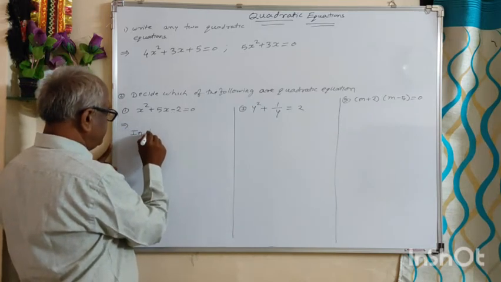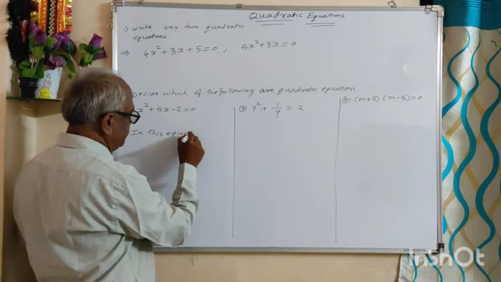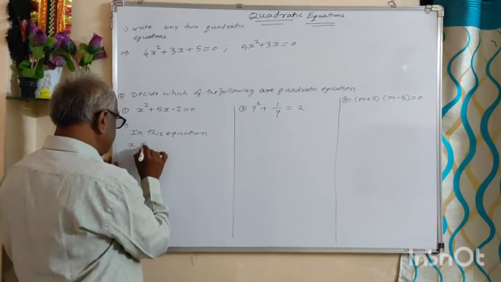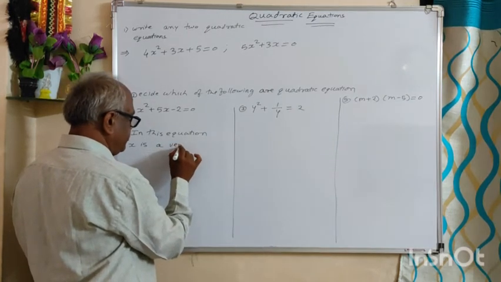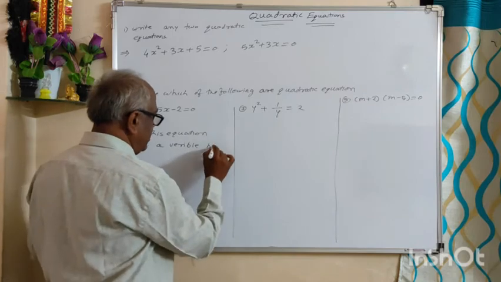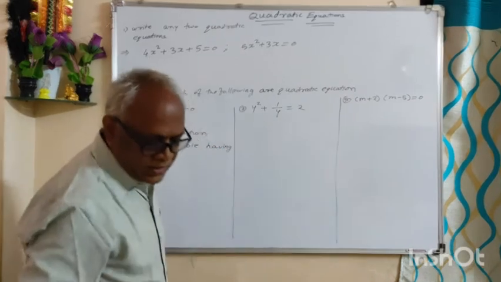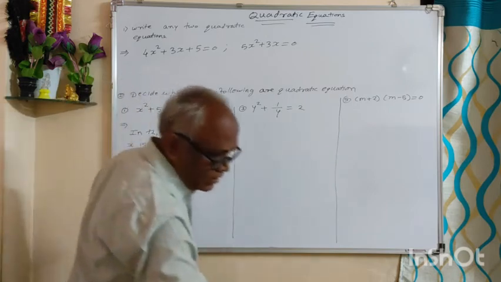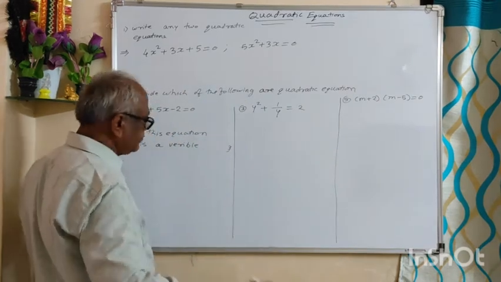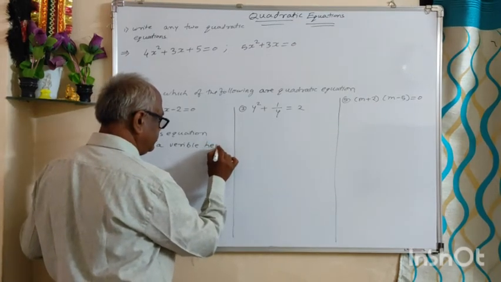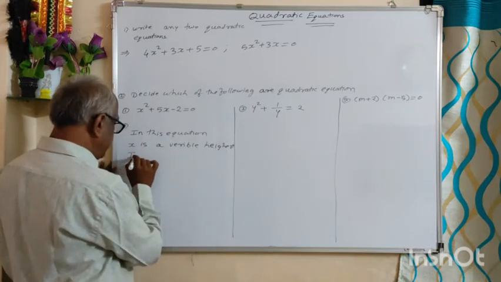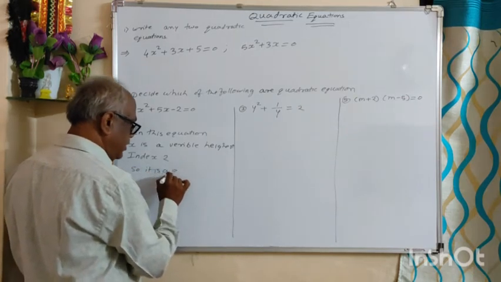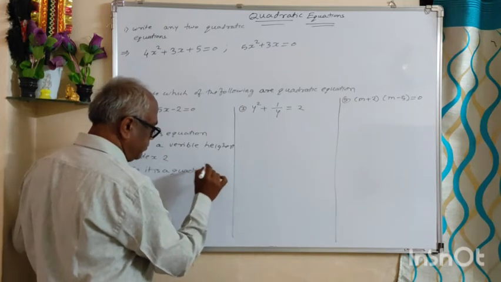In this equation, x is a variable with the highest degree, with the highest index or degree, index 2, so it is a quadratic equation.